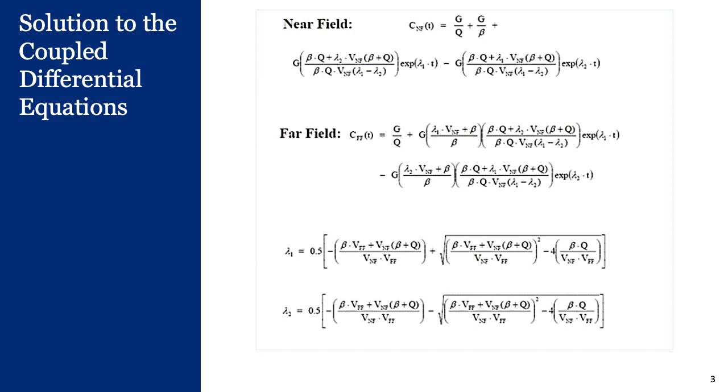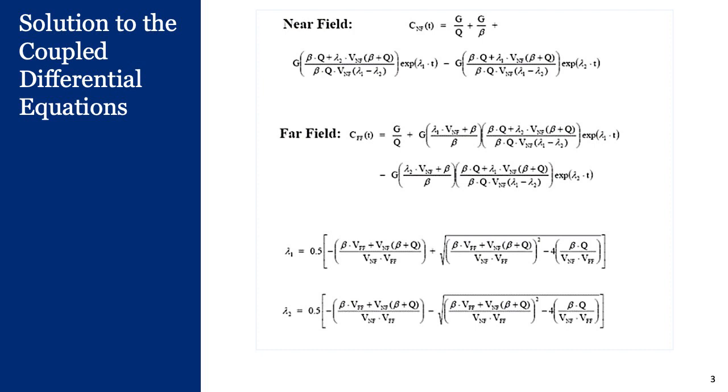It may not be intuitively obvious when we look at these two equations, but it turns out that for realistic values of beta and Q, both lambda 1 and lambda 2 turn out to be negative numbers. And so when we come back to the near field equation, this exponent of lambda 1 times t is really an exponentially decaying term. And the same thing is true for exponent of lambda 2 times t.